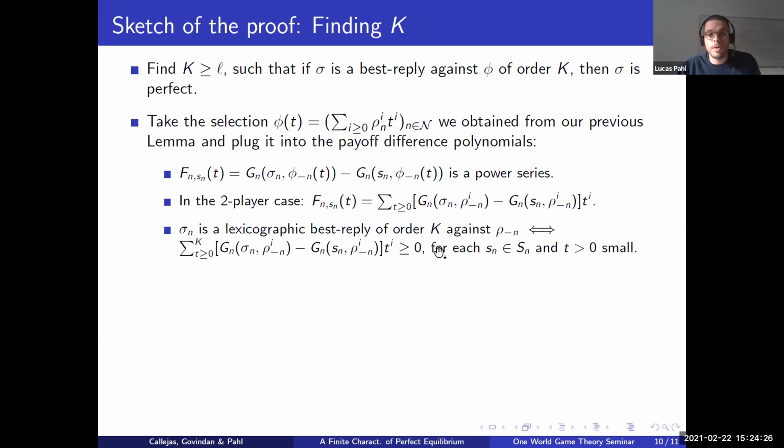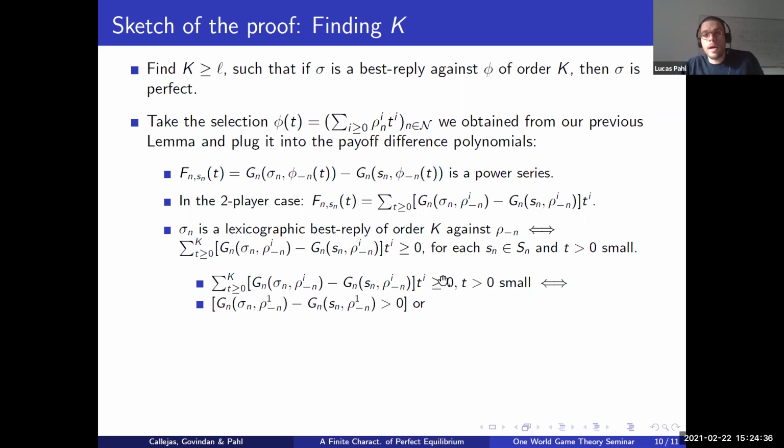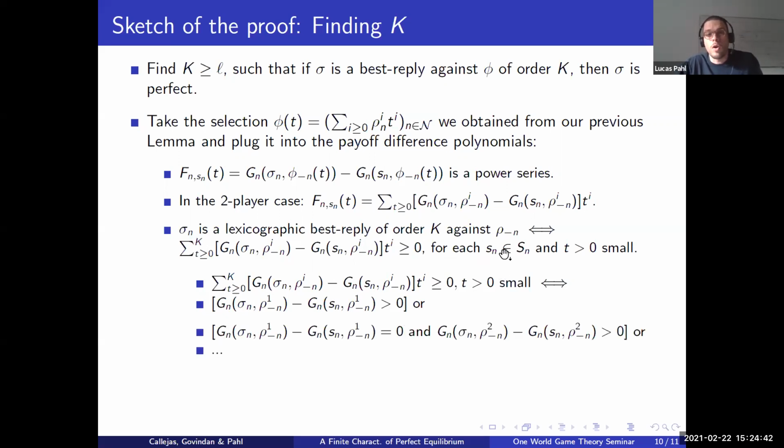And it's not hard to see why this would be true, because if the polynomial has positive sign, then this happens if and only if the first coefficient of this polynomial is positive, or the first coefficient is 0 and the second coefficient is positive, and so on and so forth. So you can see from that how the lexicographic ordering operates.